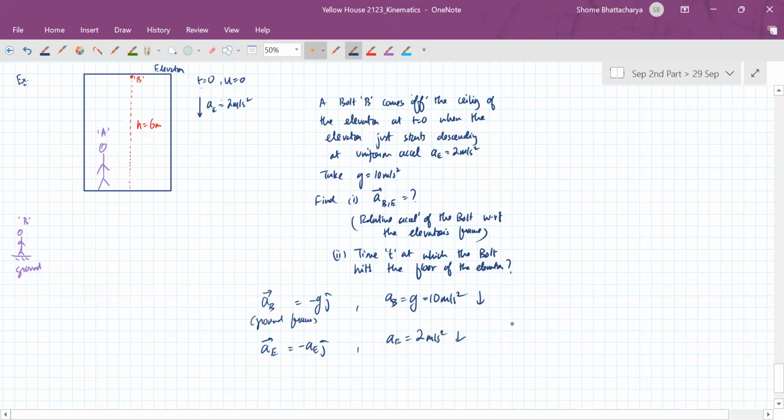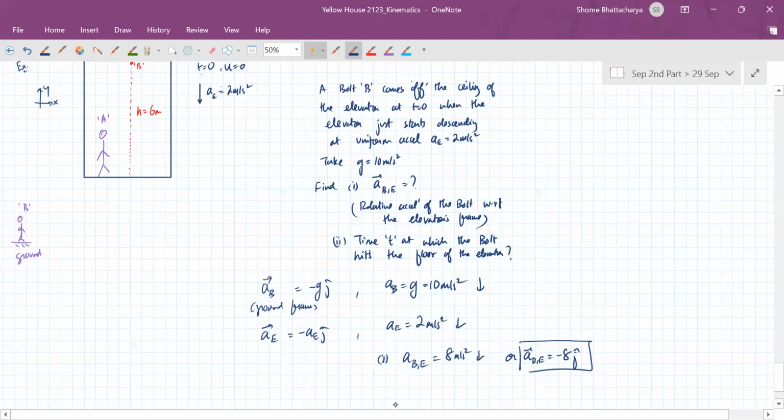So the first part, the acceleration of the bolt with respect to the elevator, will be 8 meters per second square downwards. If we write in vector form, it will be like this. So that's the answer to the first part.